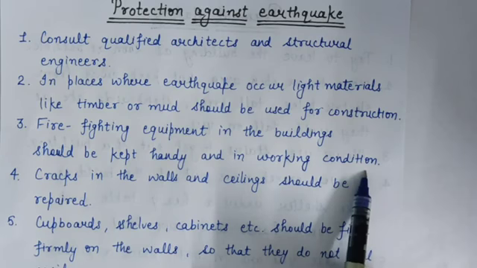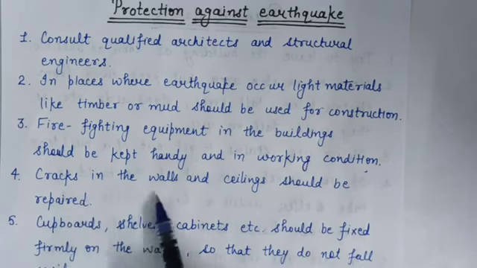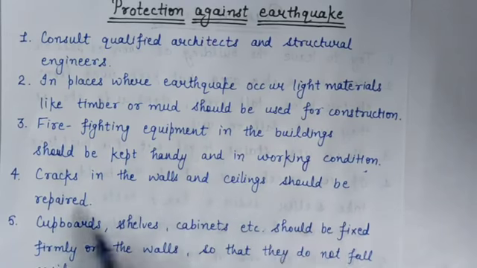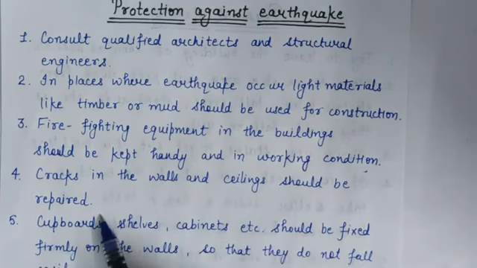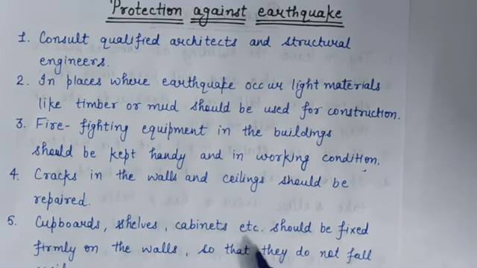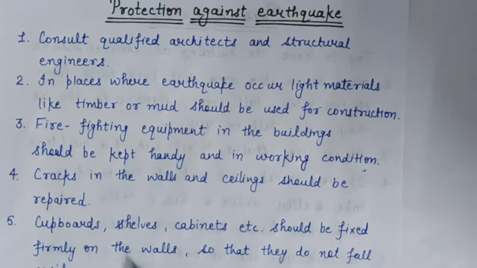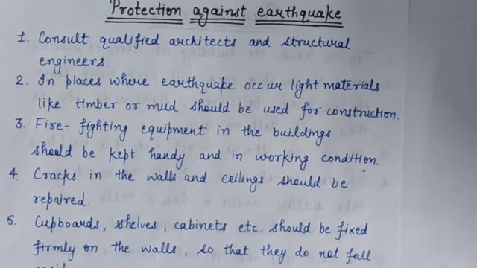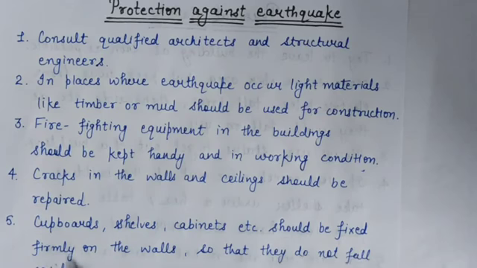Next point is that cracks in the walls and ceilings should be repaired. We should repair those cracks on time. Next point, cupboards, shelves, cabinets, etc. should be fixed firmly on the walls so that they do not fall easily during an earthquake, because if they fall, they can harm us.